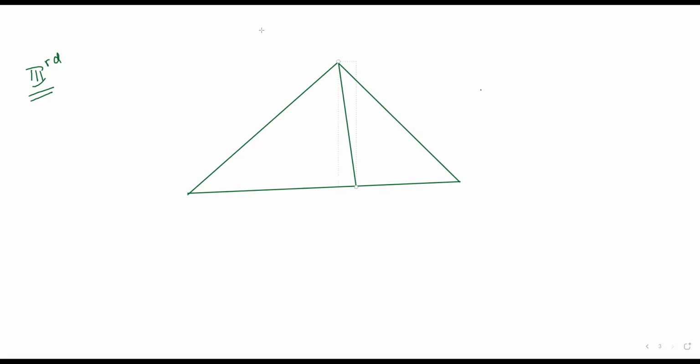Suppose this is A, B, C, and here it is D. And you're given that this angle A is equal to this angle B over here. So you have to tell which two triangles are similar here.